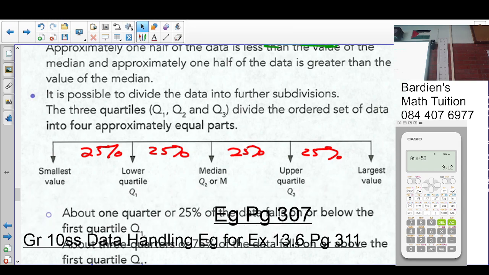So what they said is, smallest value, lower quartile Q1. We also said the Q1 can be what? Quartile 1, lower quartile or 25th percentile. Median, Q2, or your 50th percentile is the same. Upper quartile, Q3, 75th percentile, largest value.